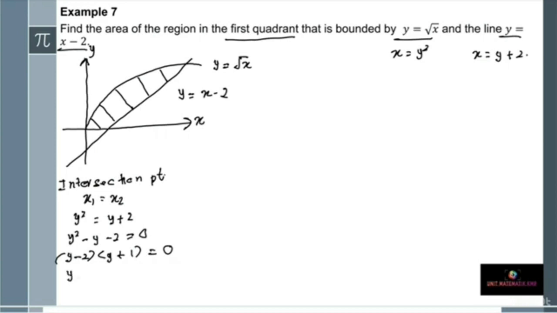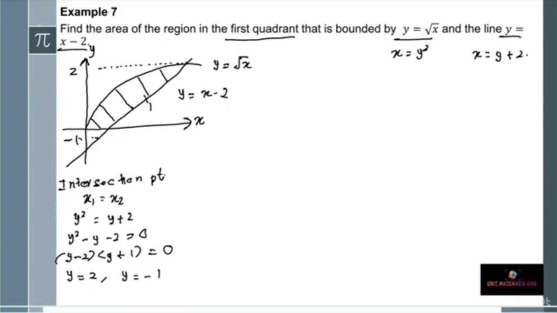We have y equals 2 and y equals negative 1. Y equals negative 1 is somewhere here, and this one is 2.